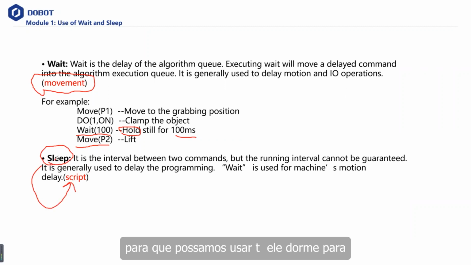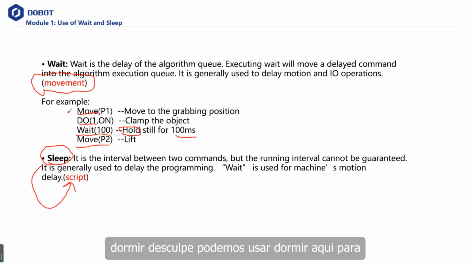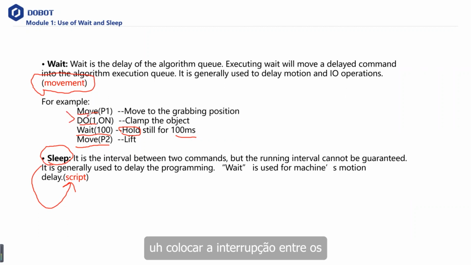We can use Sleep in different scripts to put an interval between two commands. So you can just remember the features: Wait is for movement, Sleep is for script. That's the biggest difference.